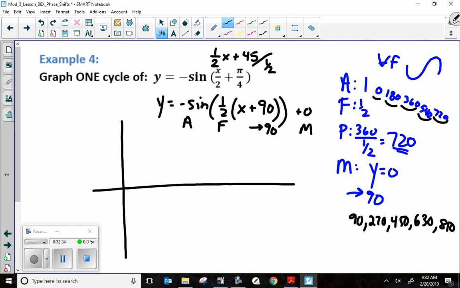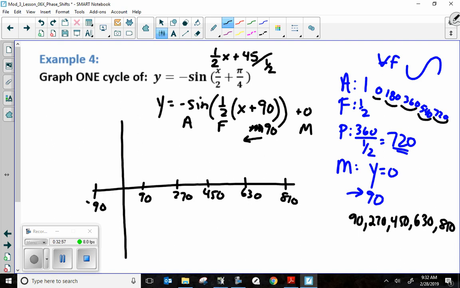Okay. So I'm going to go out to 810. I'm starting at 90. Halfway in between them is my 450. And then I got 270. And I've got 630. I am moving to the left. Shame on me for going fast. So I got to go to negative 90.